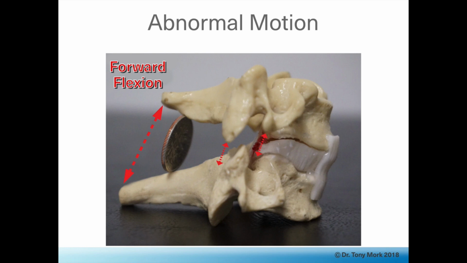The facet joints in the middle are pulled away, so the capsule's been ruptured, and we can see on the arrow on the far right that if we pull the vertebral bodies far enough apart, the annulus is going to be torn away from the bone, and the disc can be injured as well.